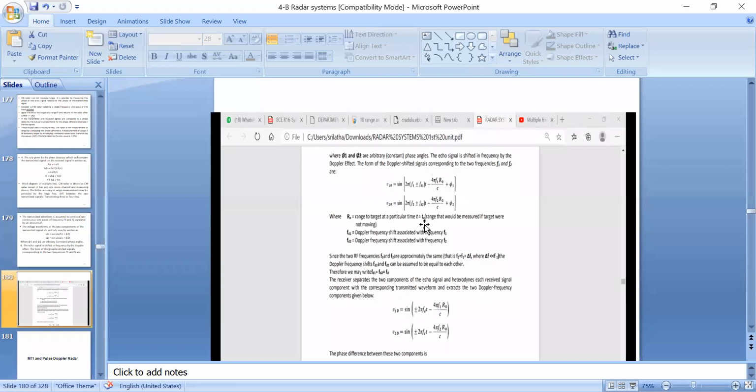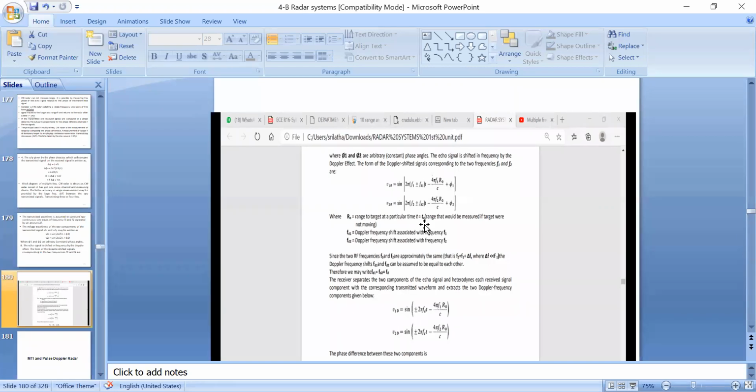Coming to the drawbacks, the continuous wave Doppler radar has three. The first one is the lack of isolation between the transmitter and receiver, and the second one is the introduction of flicker noise at lower frequencies, because the flicker noise power spectral density is proportional to 1 by f. That means the flicker noise is inversely proportional to frequency.